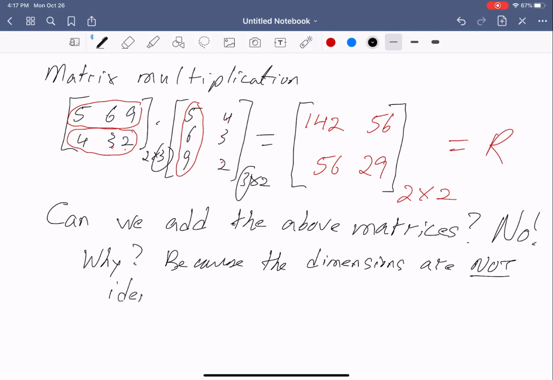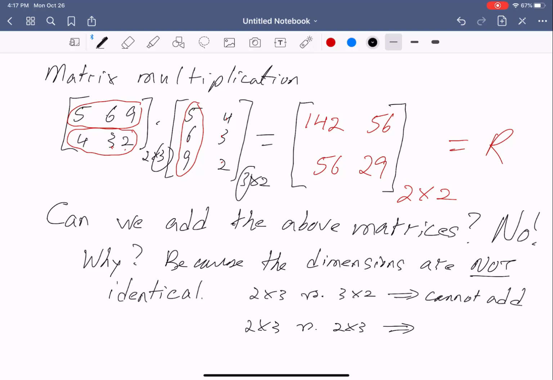They have to be identical if you're going to add two matrices together. So 2 by 3 versus 3 by 2 cannot add. If we have 2 by 3 versus 2 by 3, we can add. So we can add them together in that particular case.